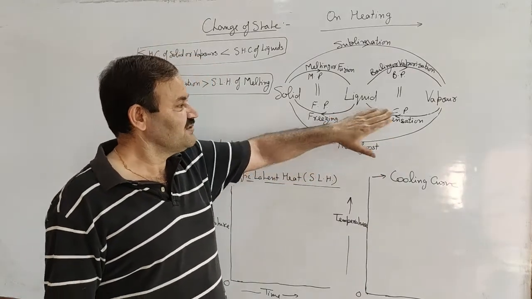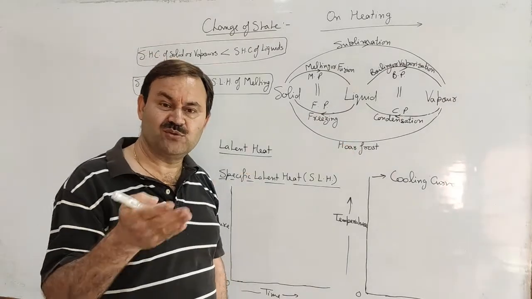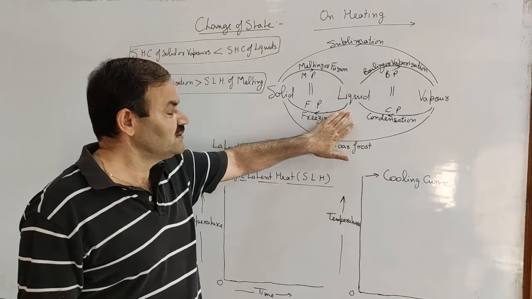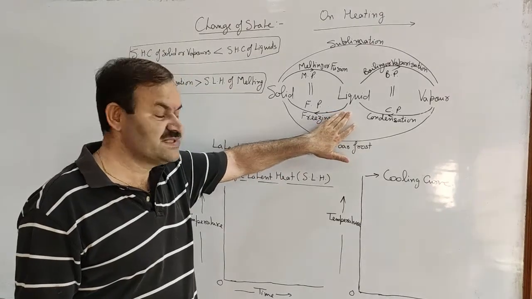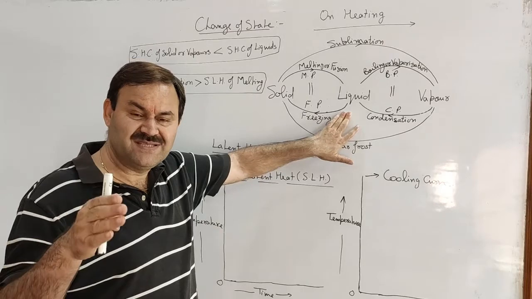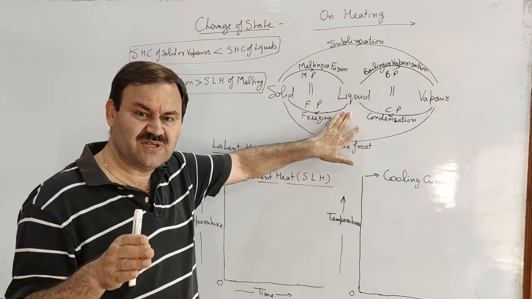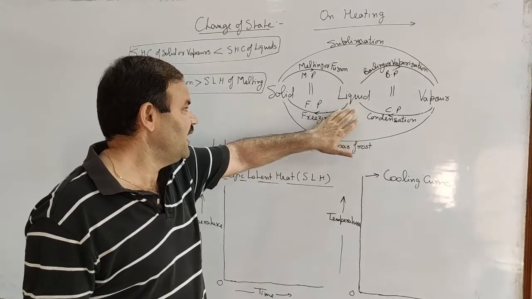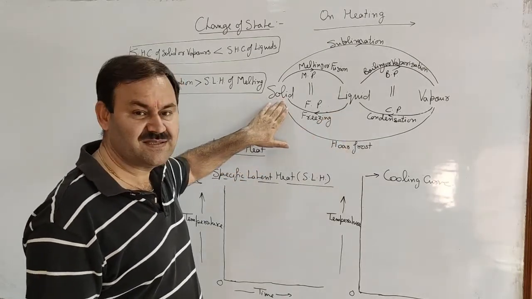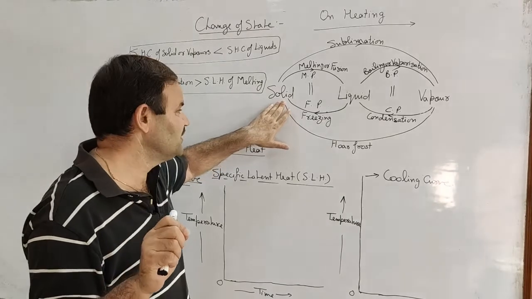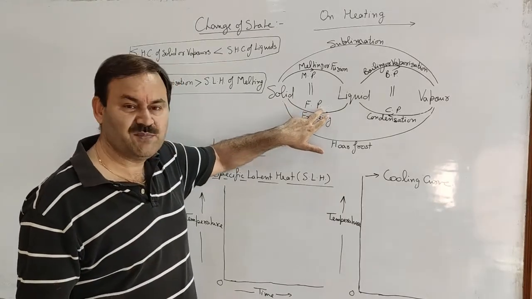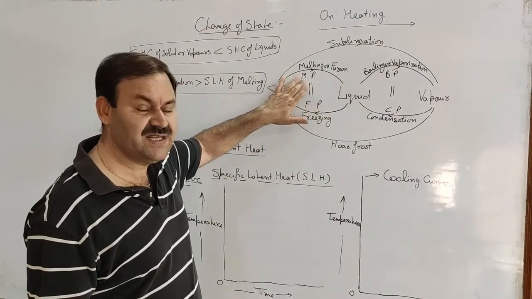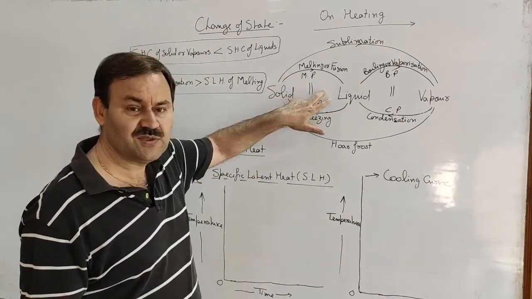Also, if vapors have changed into their liquid state, then on further cooling, temperature of liquid decreases, and means average kinetic energy of molecules of liquid decreases, and this will decrease until the liquid attains a constant temperature called freezing point of liquid, and this freezing point of liquid will be numerically equal to the melting point of solid.